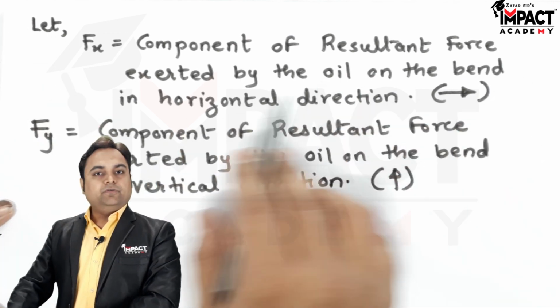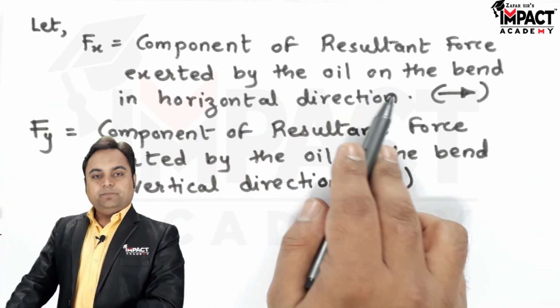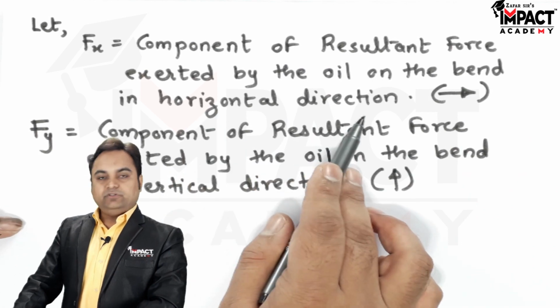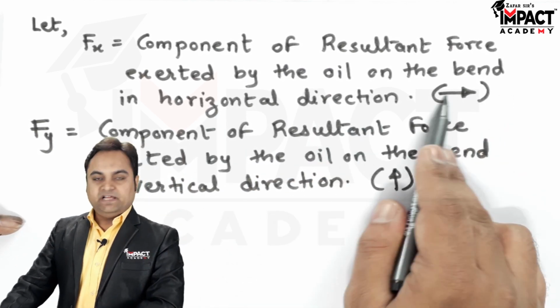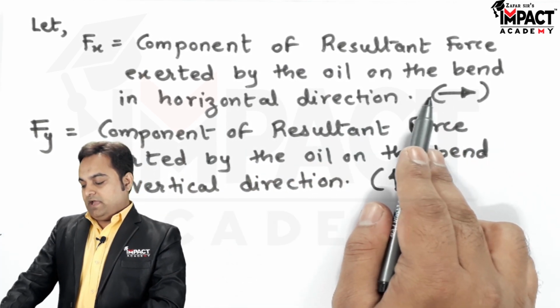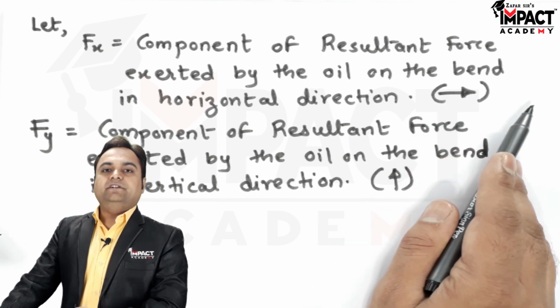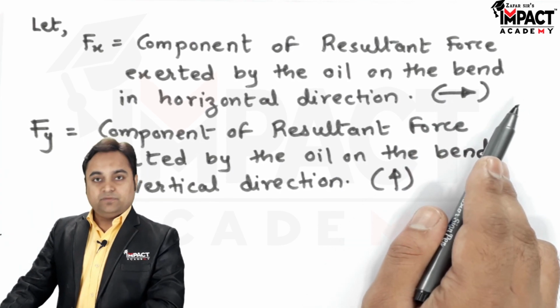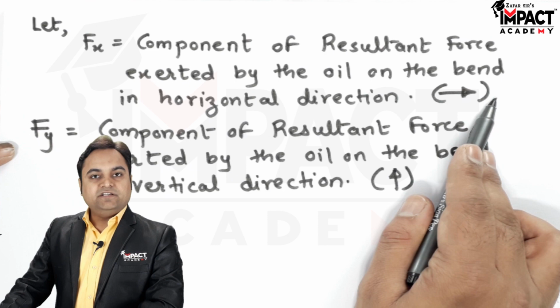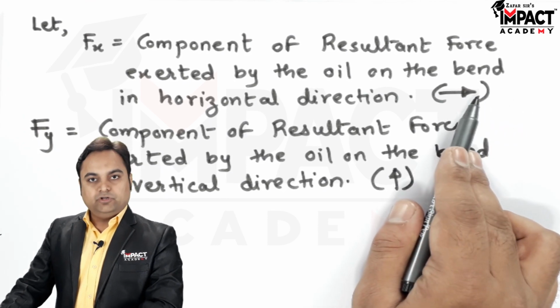Fx is the component of resultant force exerted by the oil on the bend in the horizontal direction, and I have taken positive direction. That is, when Fx is acting towards right, it is considered as positive. So the assumption is I have taken rightward direction as positive for the horizontal component.